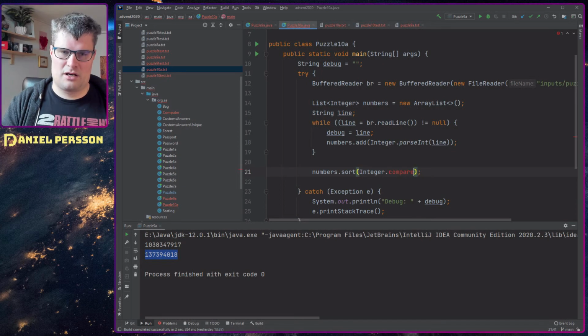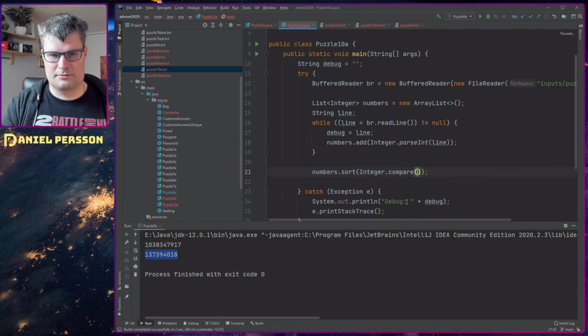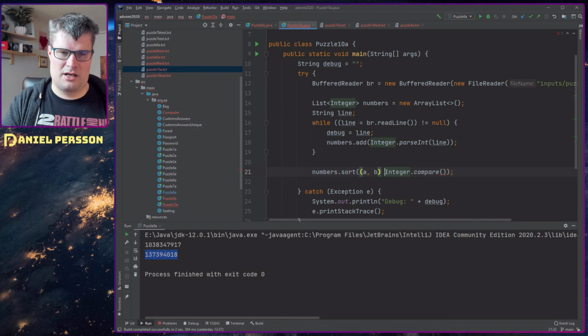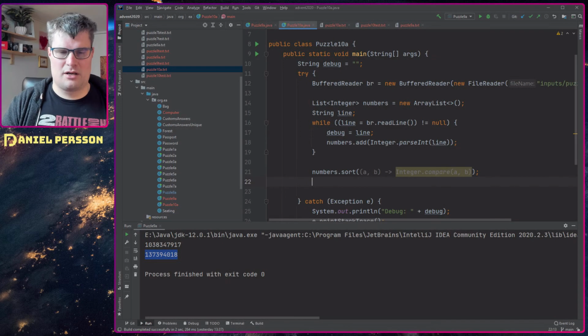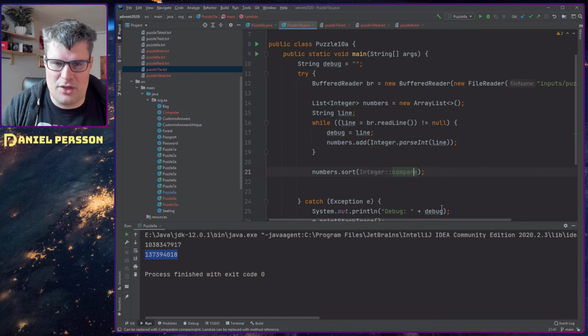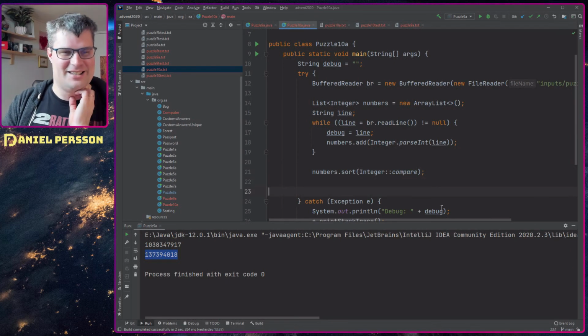I think something like that. Let's then take a and b and do Integer.compare(a, b). Replace lambda with method reference. Like that. That's how you write it.